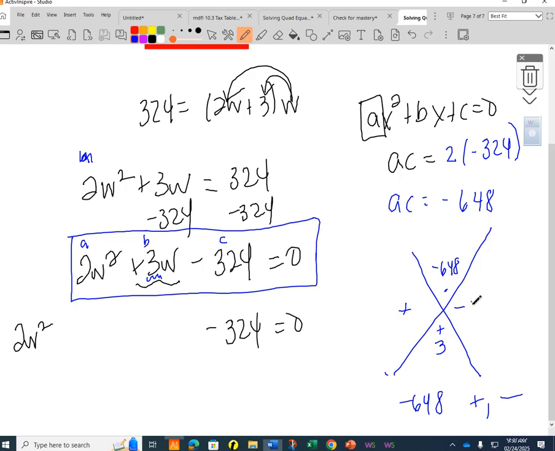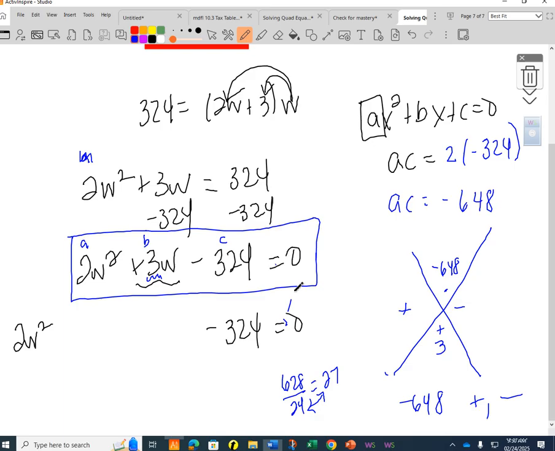Did I do 12? 12 and 54. Ooh, if I take 648, I'm just trying to find factors, 648 divided by 24 is 27. What's the difference between 24 and 27?